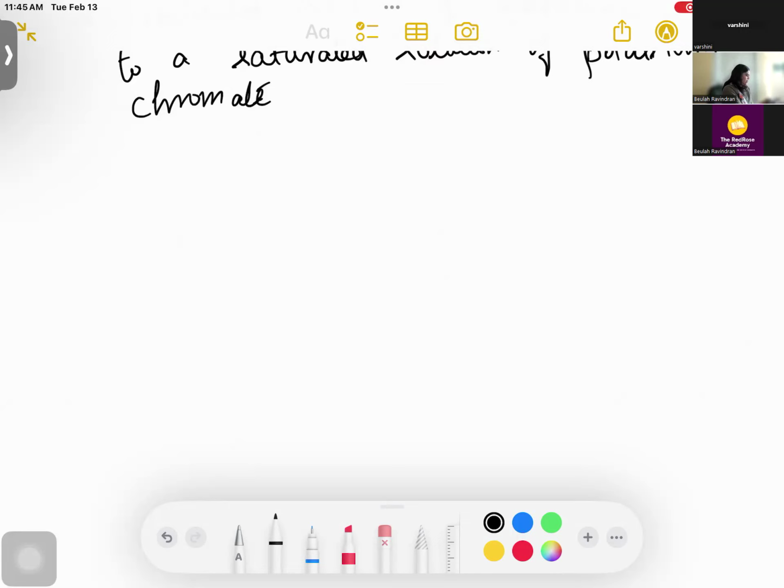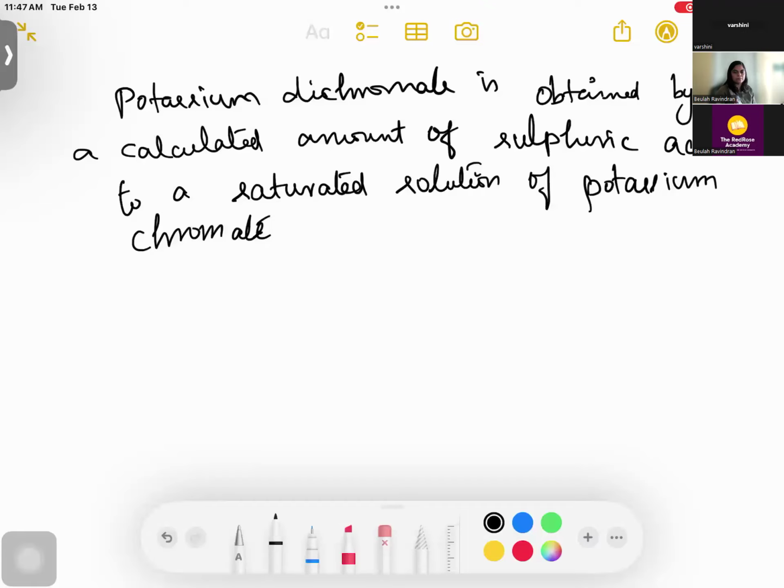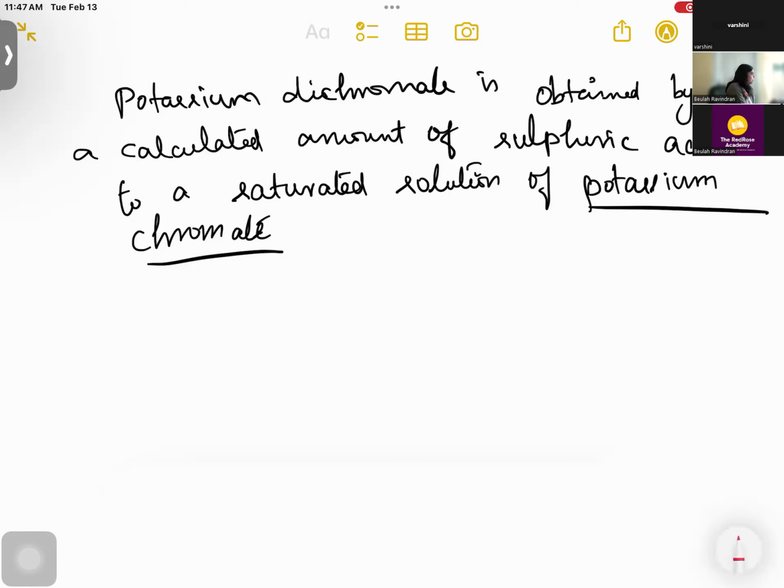You write the reaction. So what is the potassium chromate? What is the molecular formula for potassium chromate?